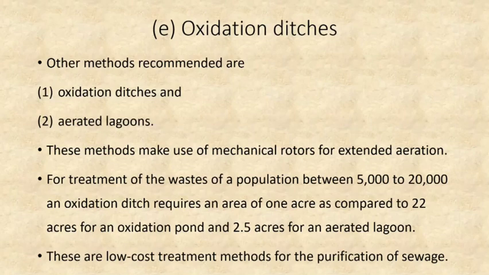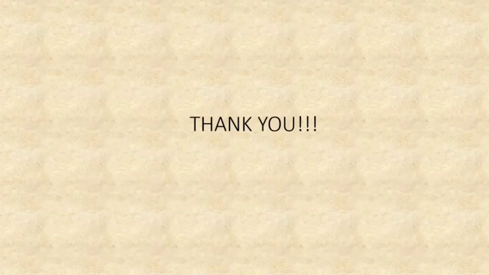An oxidation ditch requires an area of 1 acre, as compared to 20 acres for an oxidation pond and 2.5 acres for aerated lagoons. So in oxidation ditches, we require a small area as compared to other methods. These are low-cost treatment methods for purification of sewage. So here we completed the sewage treatment, or the complete excreta disposal process.